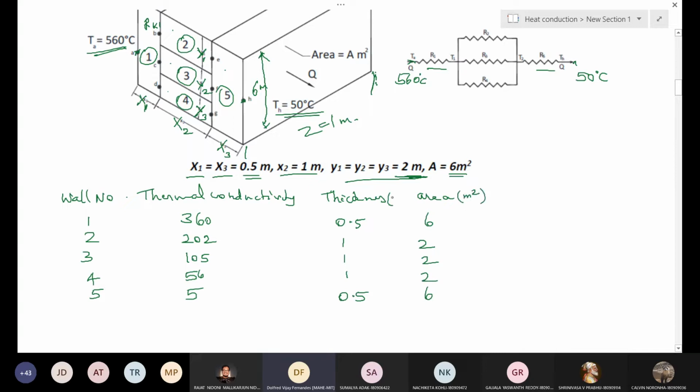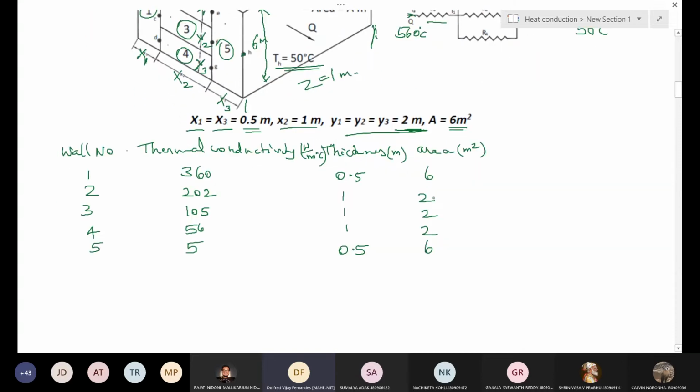Area in meter squared, thickness in meter, and this is in watt per meter degree centigrade. If you make this table, it will be easier for you. You don't have to search again in the question.